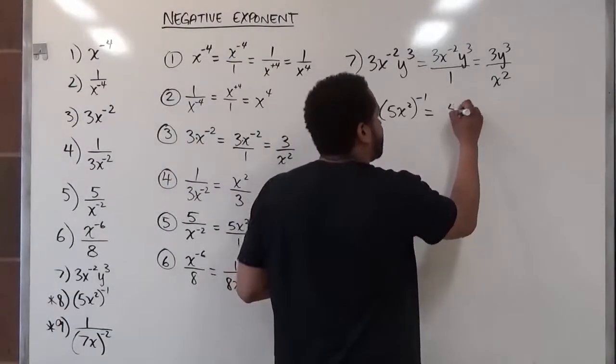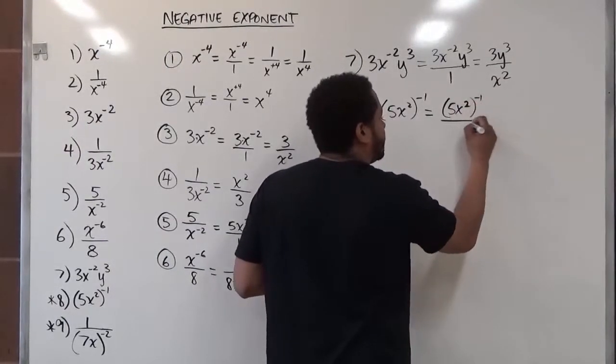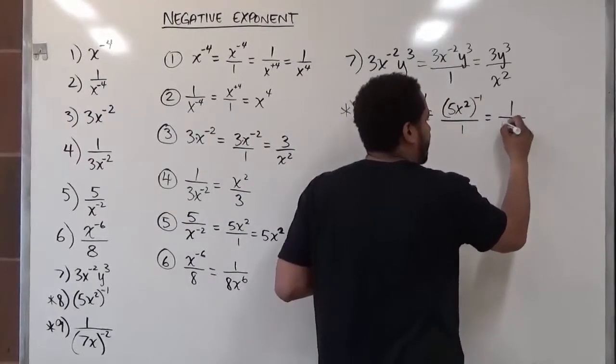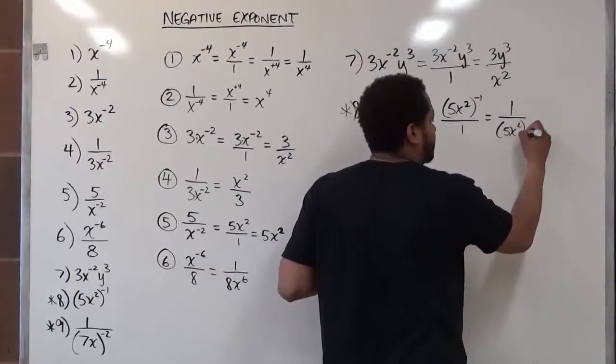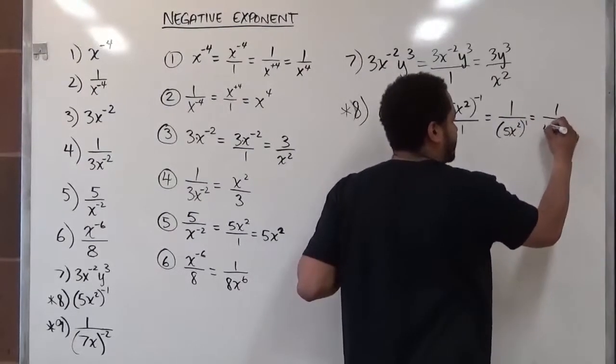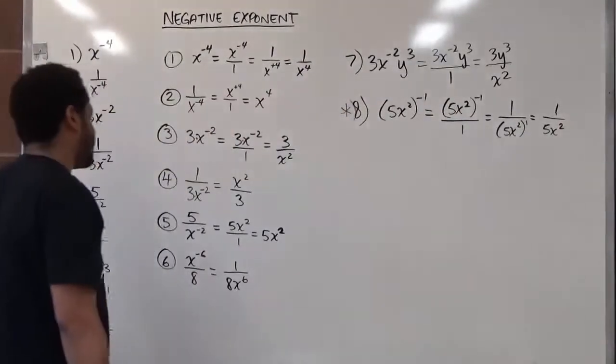And so in this case we have 5x to the second raised to the negative 1 over 1, and everything is going to go to the denominator, and it's all going to be raised to the first power, which anything to the first power is exactly what it is. Alright, so it stays 1 over 5x to the second.